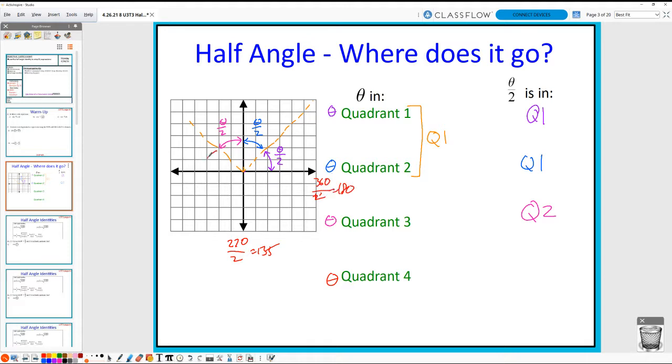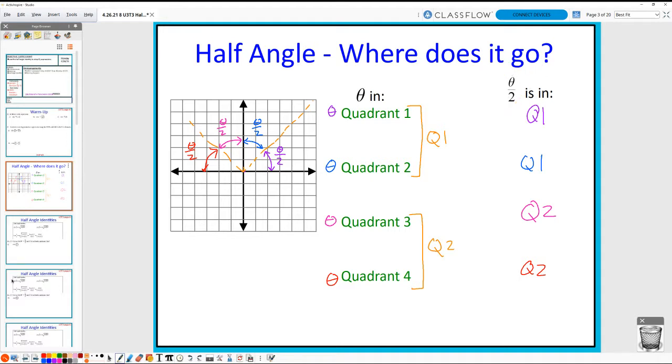So that's this range right here. So indeed, if we start in quadrant 4, we end up in quadrant 2. So if I start in 3 or 4, I end in quadrant 2 for theta over 2. If my theta is in quadrant 1 or 2, I end up in quadrant 1 for, again, theta over 2.